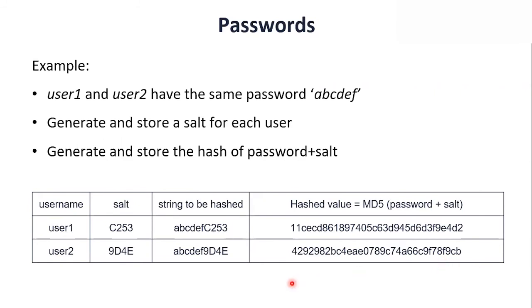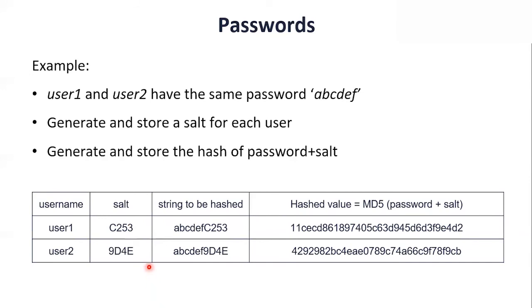But now what we are going to do is add another column to this table called salt. For each of these users, when we are creating their row, or inserting this particular user into the table, we are going to add a random value to this salt column. It can be a number, or a string and a number.